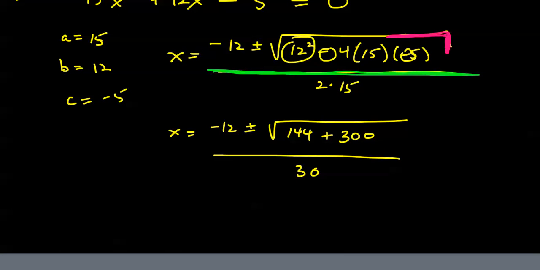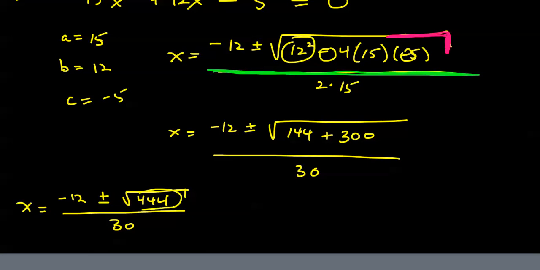All right, well, let me go all the way on the left here. So x equals then minus 12, plus or minus, I get root 444, do I not, under that root sign, over 30, and I get a little nervous. Let's see, 444. Well, I think all I can do is factor. I can take a 4 out. 444 is a multiple of 4.